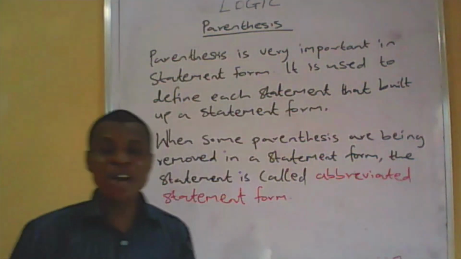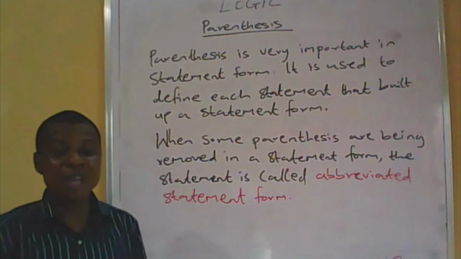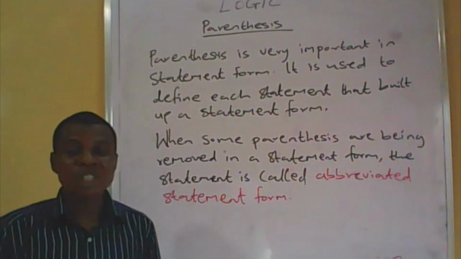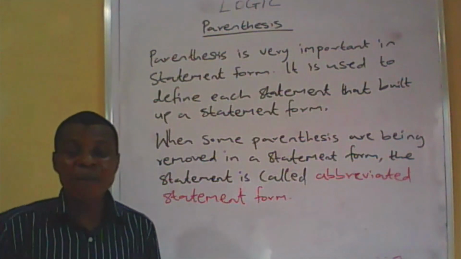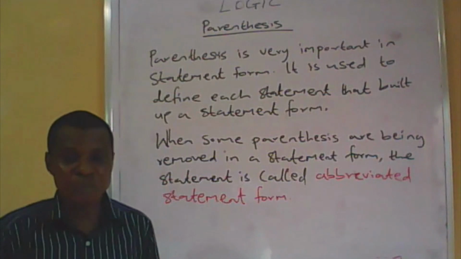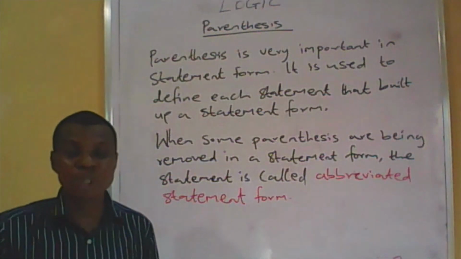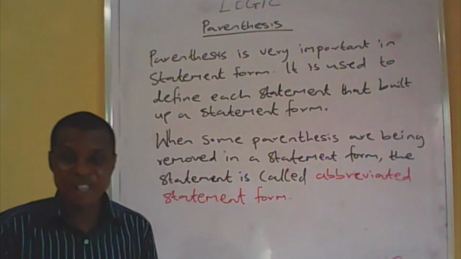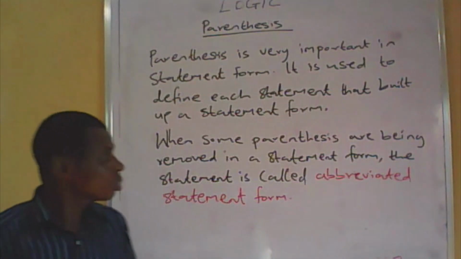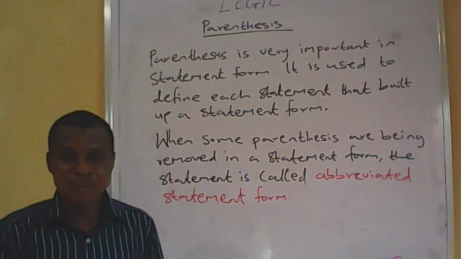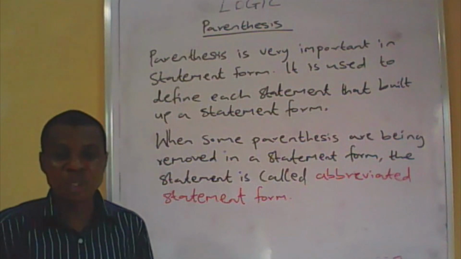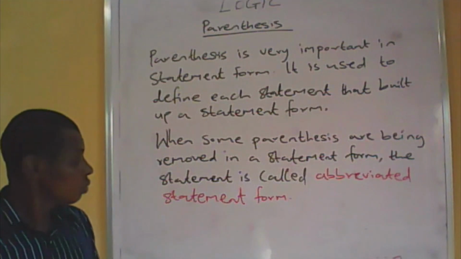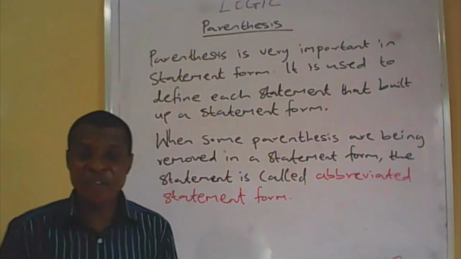Whenever some parentheses are eliminated or removed in a statement form, that statement is an abbreviated statement form. That means some of it has been removed and shortened. That's why it's called abbreviated form. But there is a convention we establish which we use to restore a statement form whenever it's abbreviated.